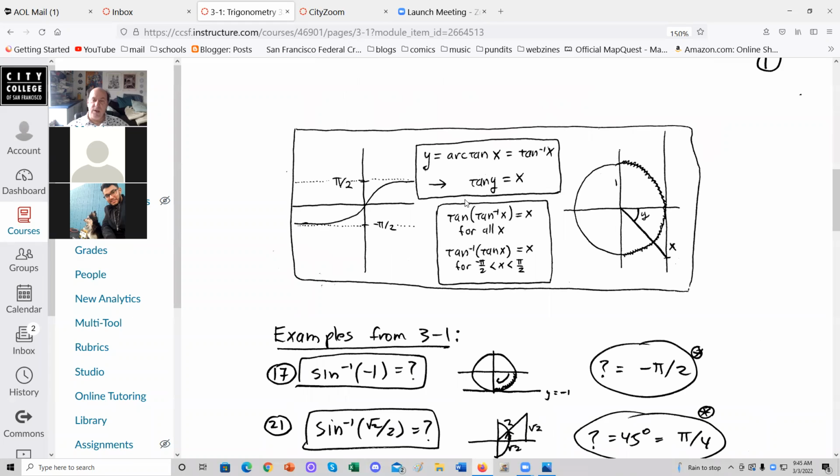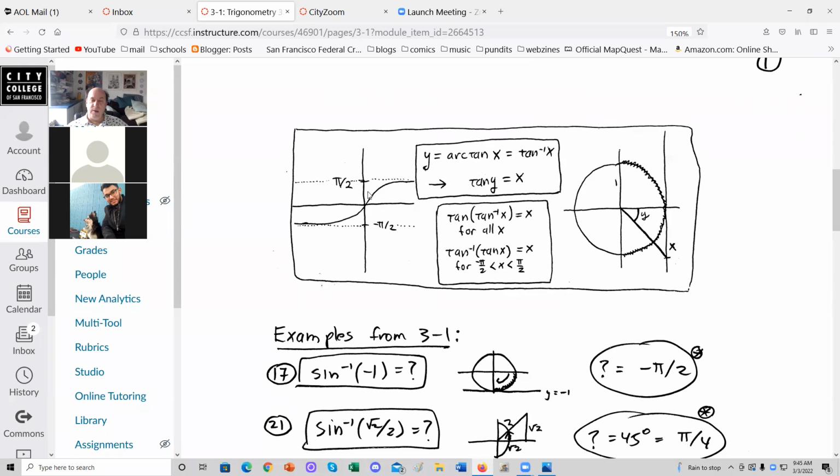Arc tangent, y is arc tan x equals tan inverse x if tangent y equals x. Here we have the unit circle, and tangent is this distance x over 1. I want to find which angle y reaches that. And like the arc sine, the y is to be between minus pi halves radians to pi halves radians.